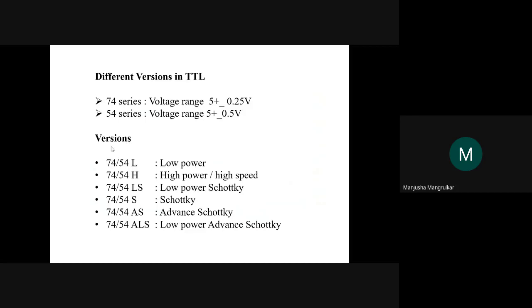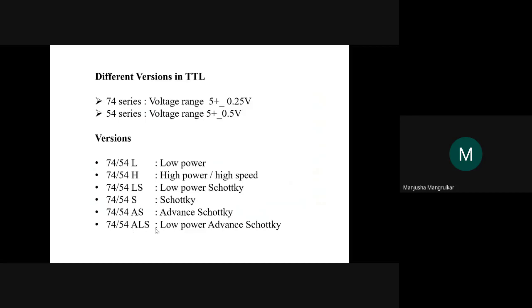Now let's come to the versions of the 74 and 54. 74L is defined as low power. 74H is high power, high speed. LS is low power Schottky. Schottky is a transistor type; it has a Schottky diode in it, which we are going to see. S means Schottky. AS, advanced Schottky.